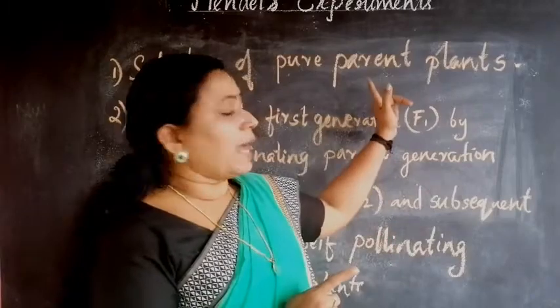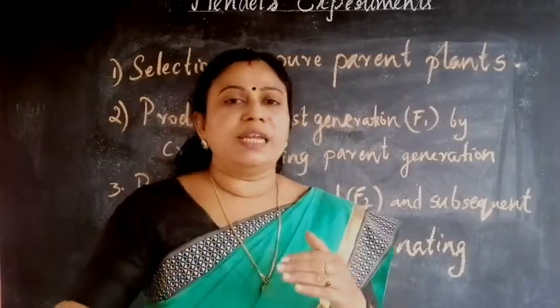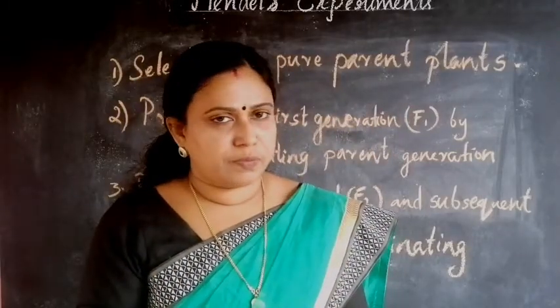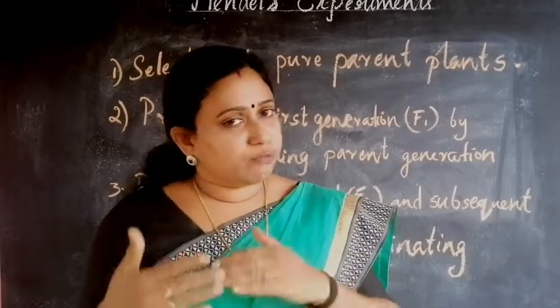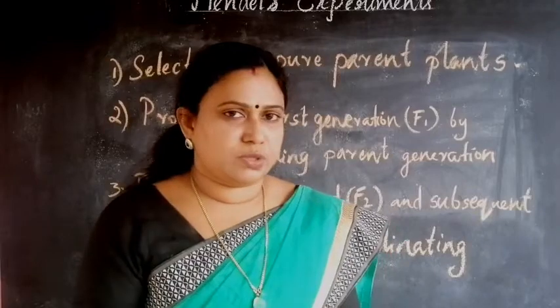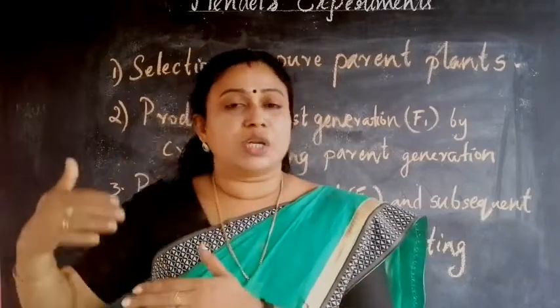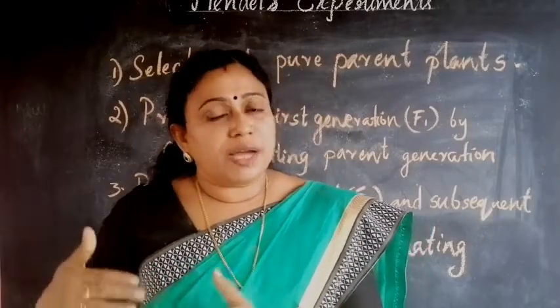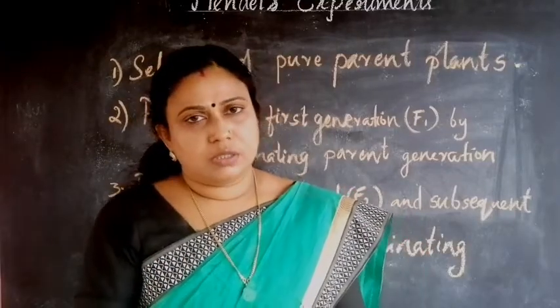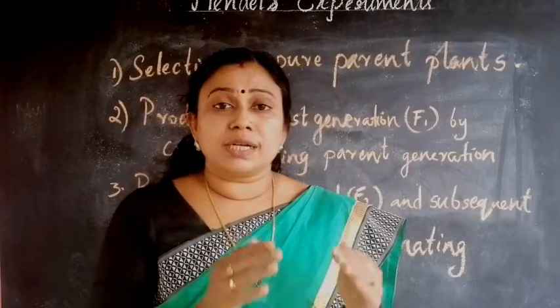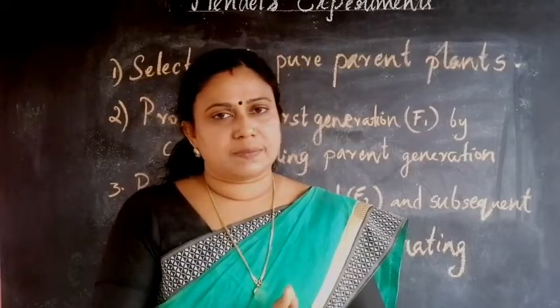From a parent generation, many filial generations can be produced: first filial generation F1, second filial generation F2, and so on. By producing these generations, we can find the inheritance of characters generation after generation. This is how Mendel conducted his experiments.